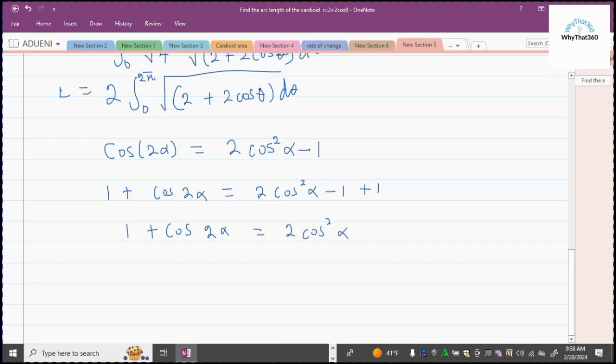Now let us multiply through by 2. So multiplying by 2 will give us here times 2 and here times 2.